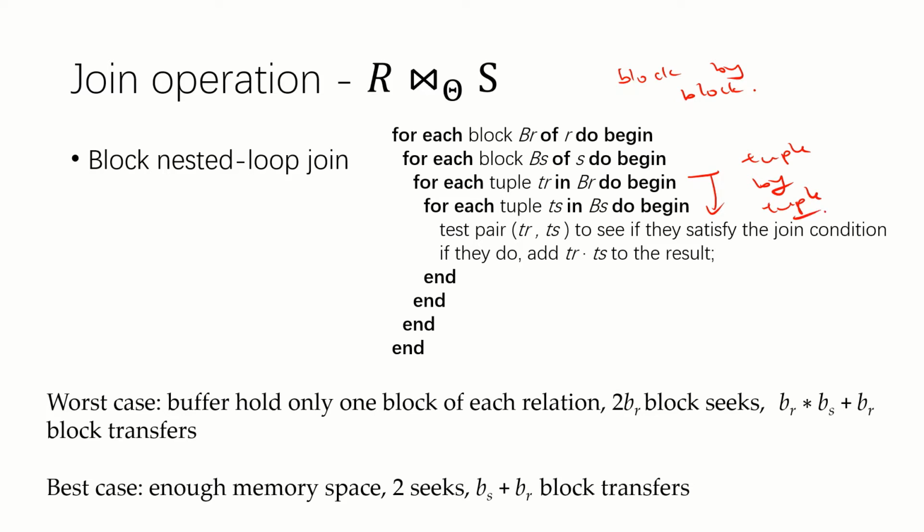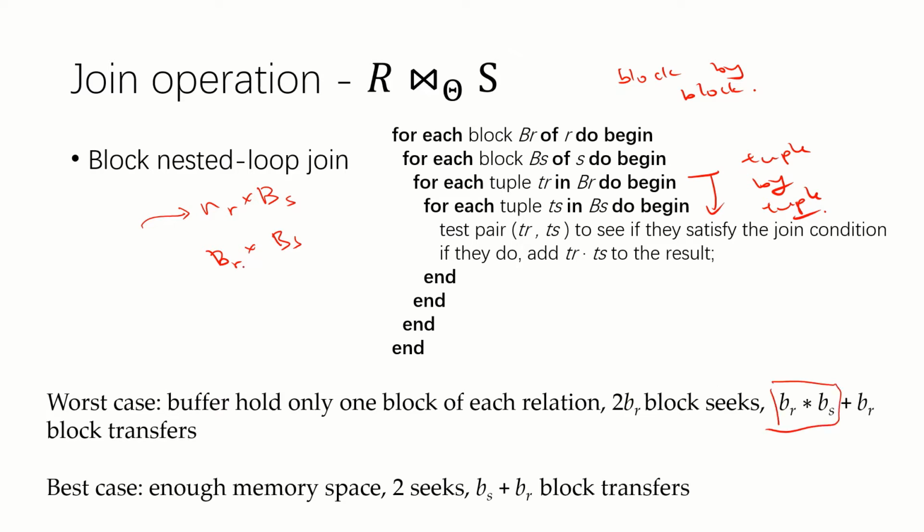So this in fact is an improvement over the previous way, because right now, instead of having to transfer in and out all the NR times BS blocks, right now we reduce it all the way down to BR times BS, which is this term that you see over here.